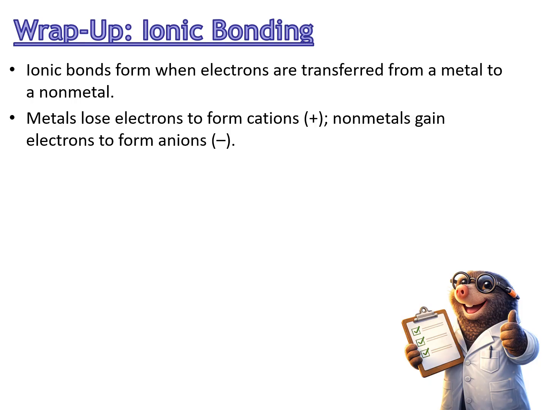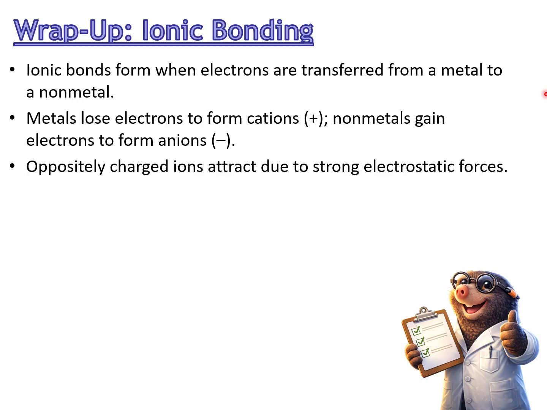One of the ways I've heard of people remembering that cations are positive is that T has that little cross thing in it. So you can say, all right, well, there's my little plus. And then nonmetals gain electrons to form anions with the negative charge. Because opposites attract, you end up with these really strong electrostatic forces holding the ions together in a solid.